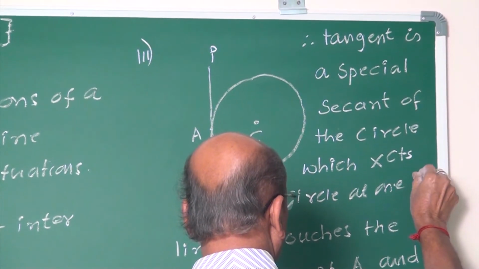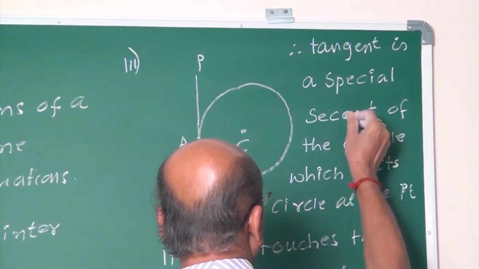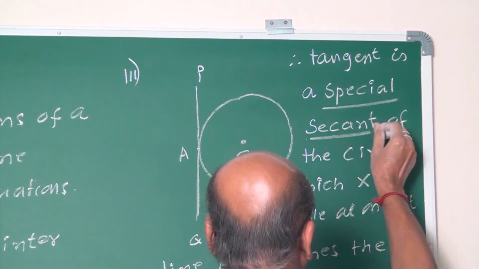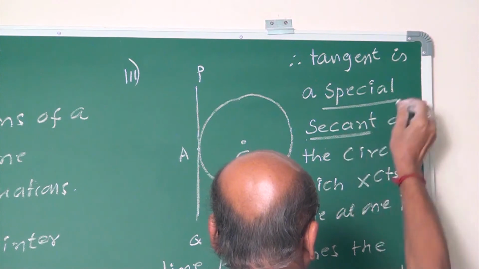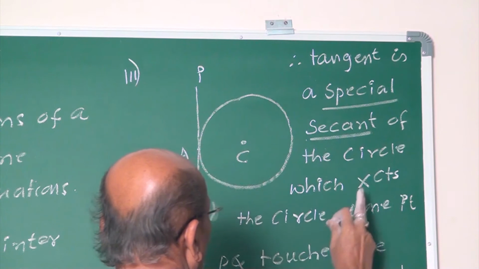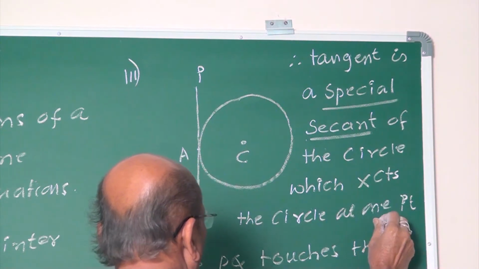This is a special type of secant which intersects the circle at one point.